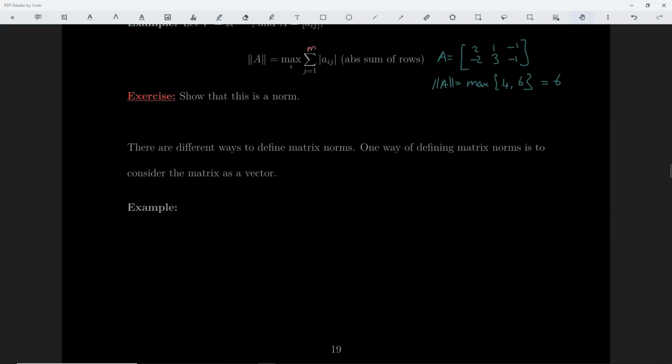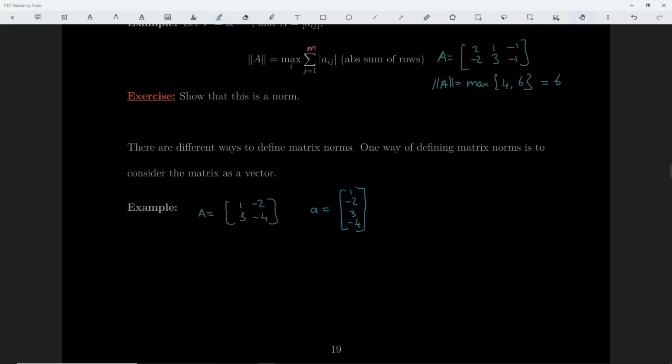So let me show you an example. Suppose A is equal to 1, minus 2, 3, minus 4. Then we put those numbers into a vector and treat it as a vector.